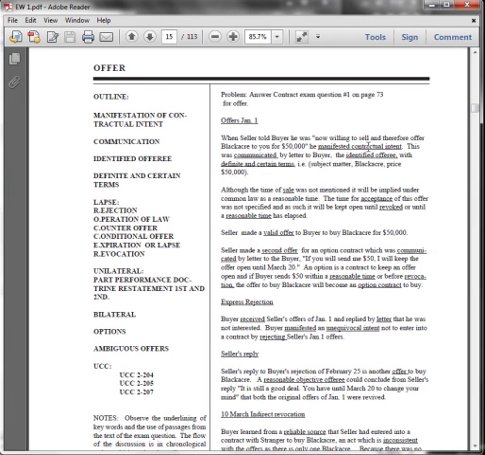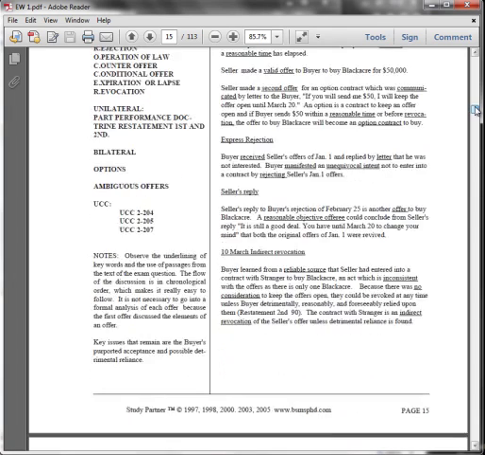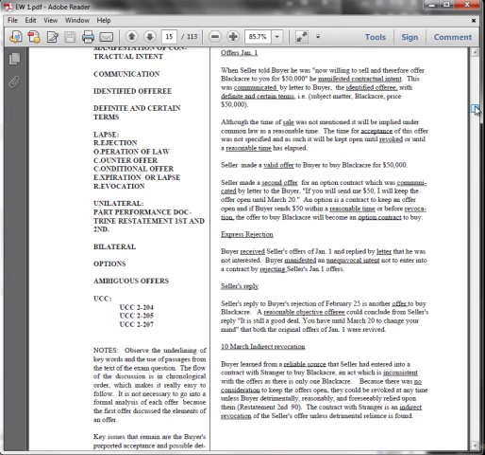Notice how the stuff's underlined. Notice how the base definition's there. Here's the base outline and the things that should or shouldn't be in the answer. And here's a model answer for offer. It's the visual impact it has on the reader. That's what you're looking for. The visual impact. That's all you can learn from looking at model answers.